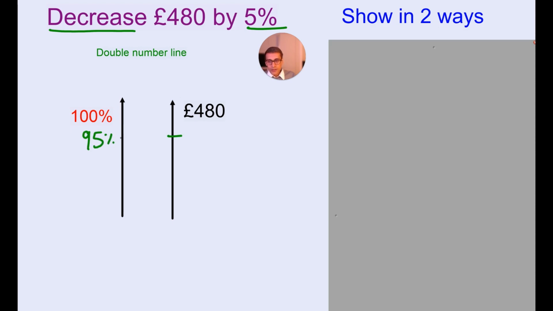Now, doing this in one step is not always easy. So it's much easier to perhaps work out 10%, then 5%, and then do 100% take away 5%. So let's do that. 10% of 480 is going to be 48. 5% is going to be half of that, which is 24.